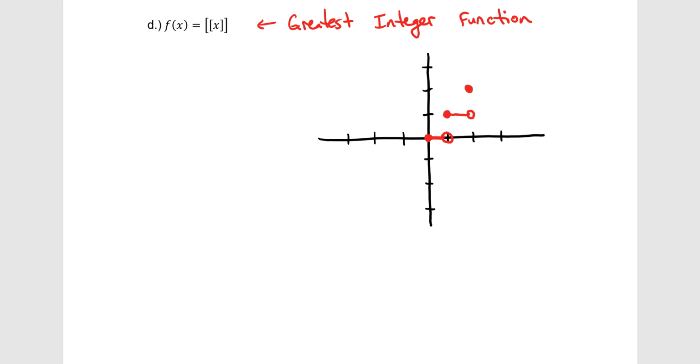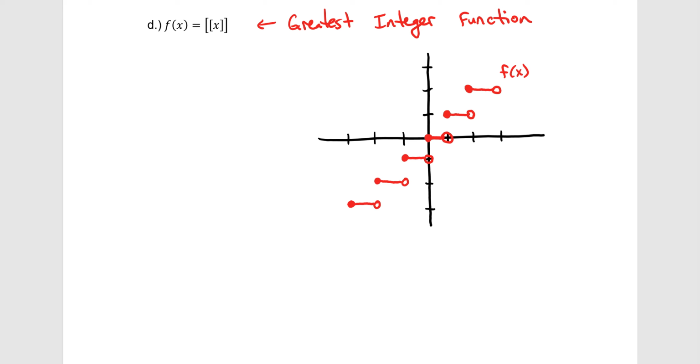Next integer, open circle, and then it's going to continue to do that all the way to infinity. And then it also goes in the other direction. We would have an open circle down here, filled in, and then open, filled in, and I'll do one more, open and filled in.